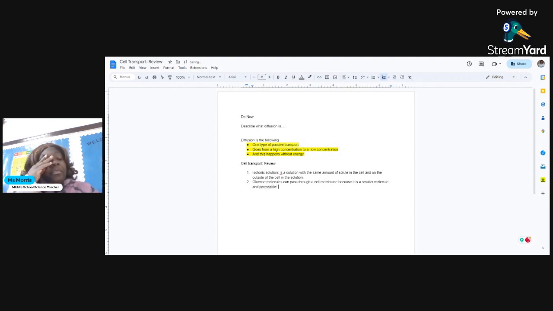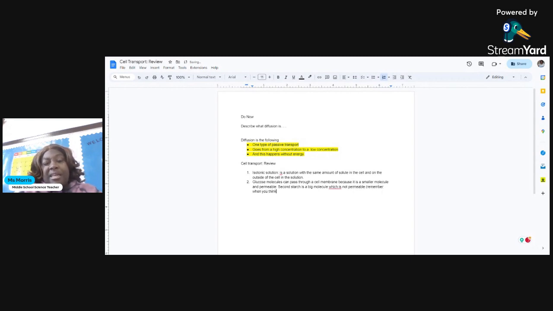Okay. Second, starch is a big molecule which is not permeable.